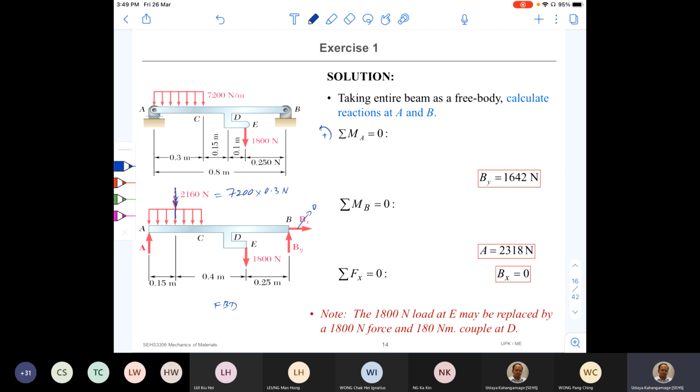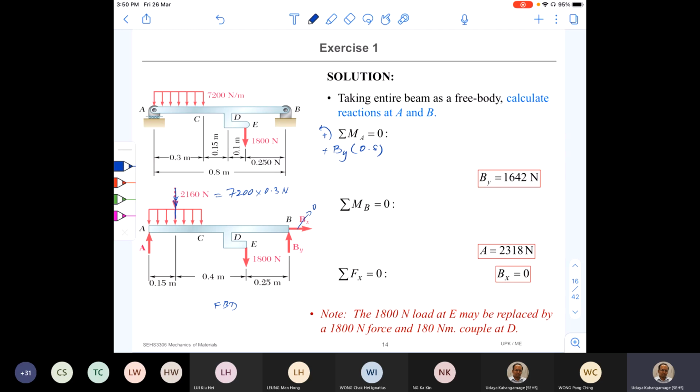I'll write the equation and see whether you can write it by yourself as well. I'll start with the reaction force By. The moment around A: you multiply by the total distance, 0.8 meters. And it is positive because it creates an anti-clockwise moment. And then take 1800.